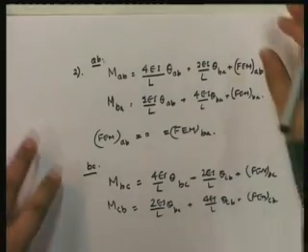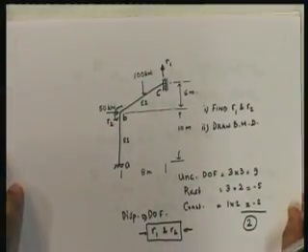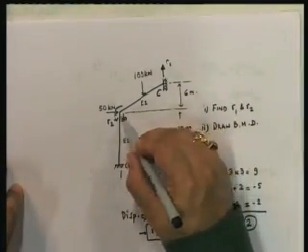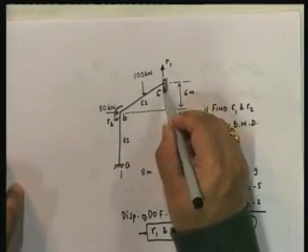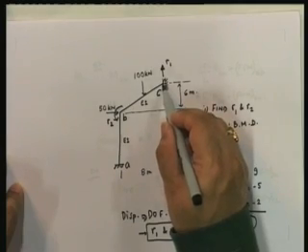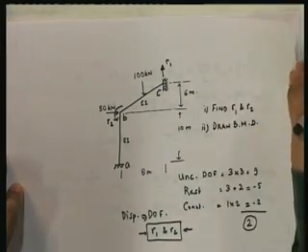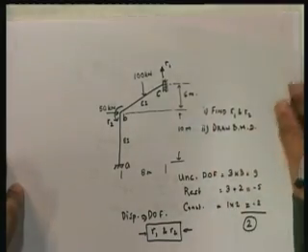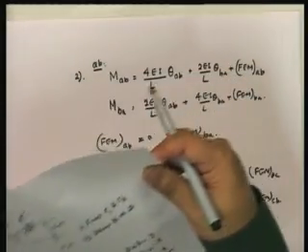Now note here that if you look at the end, this is fixed, so therefore AB is normal, and in BC, C is a roller. So when it's fixed, there is a moment. Since there's a moment, we have to use the original. If this had been a hinge, then of course we would have used the modified, but in this particular case it is not, and therefore we're going to continue this way.